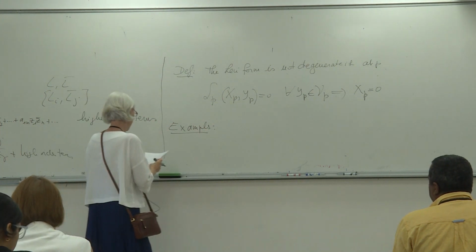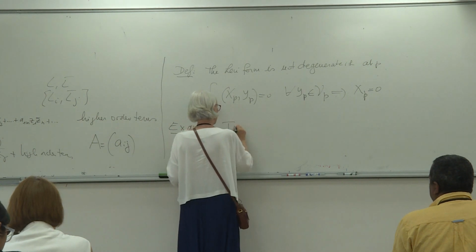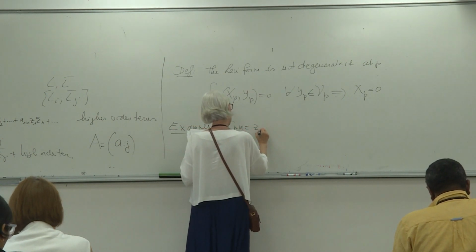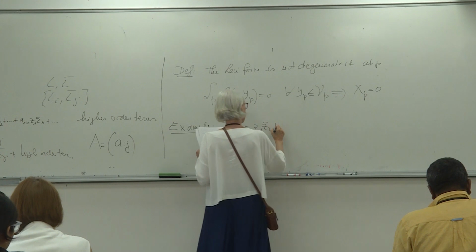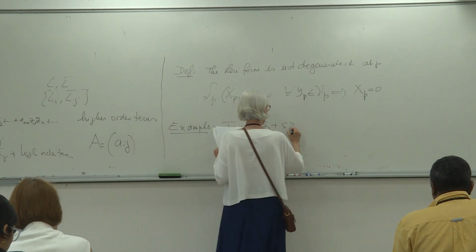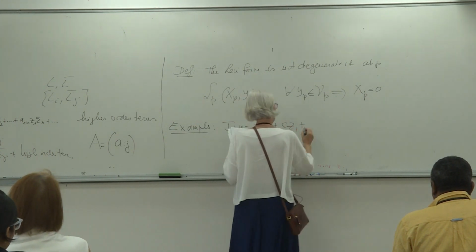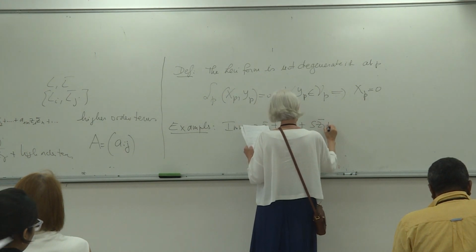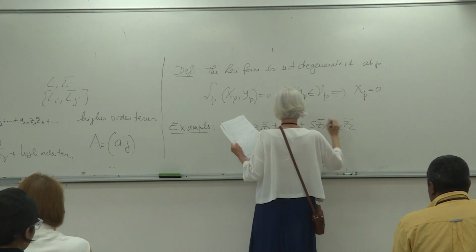If I give you Im w equals z1 bar plus z1 plus z1 bar plus z2 bar.